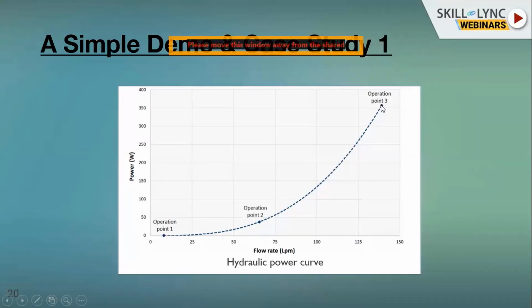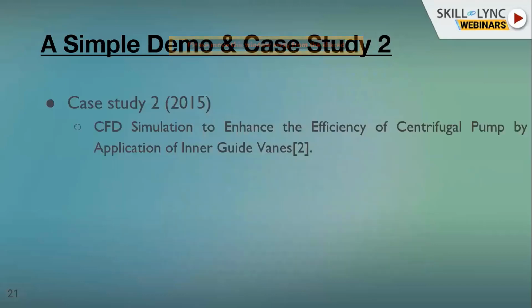It means that as you increase the flow rate for a particular turbine, the corresponding power also increases. So this is the conclusion drawn from this paper, and the author successfully validated the numerical approach with the experimental approach.